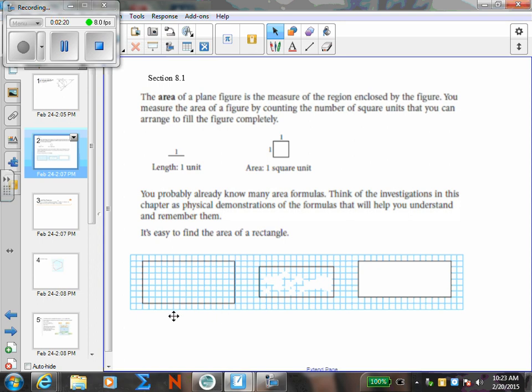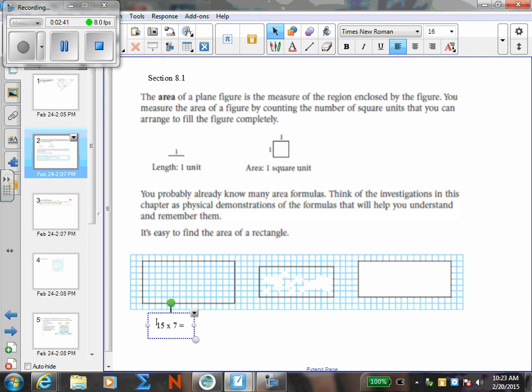So this will be 15 times 7 will give you the area of this first rectangle. You will be allowed to use your calculators. So for this one right here, it'll be 15 times 7, which equals 105, and that would be square units.